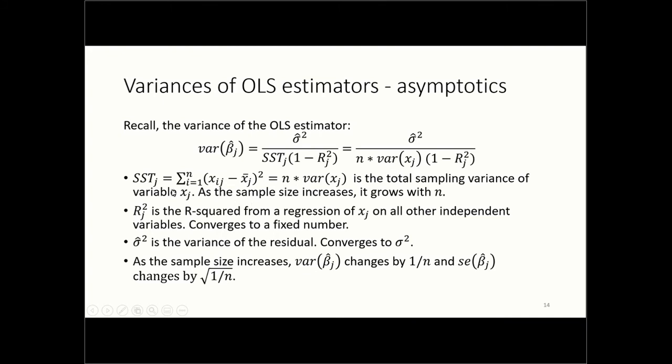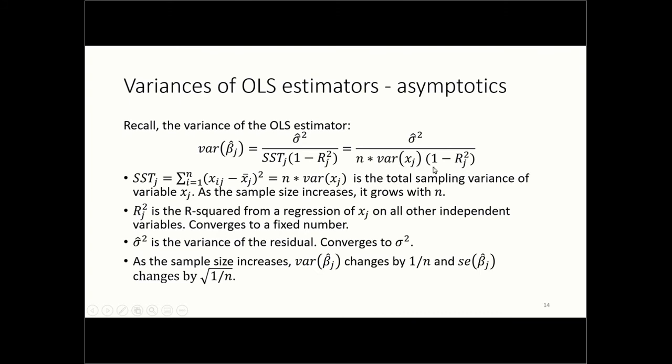The reason is that the total sampling variation is a summation of each xij minus the average x bar j, squared. That's almost the formula for variance, so it equals n times the variance. So I just substituted this expression in here.